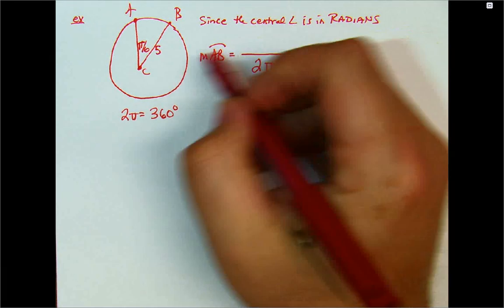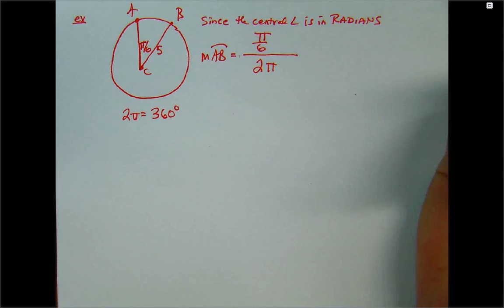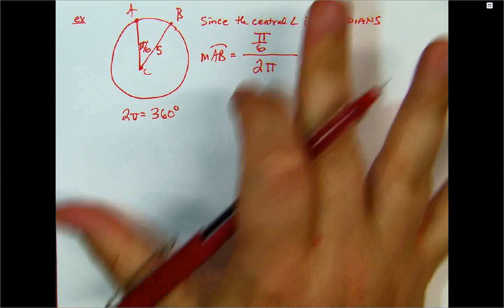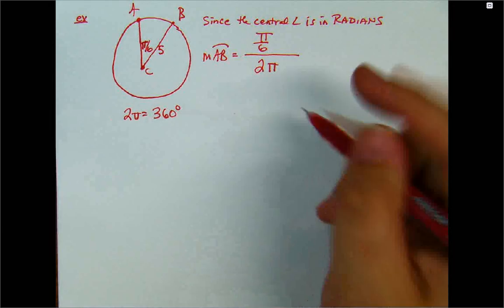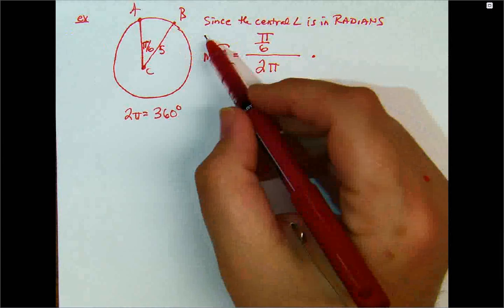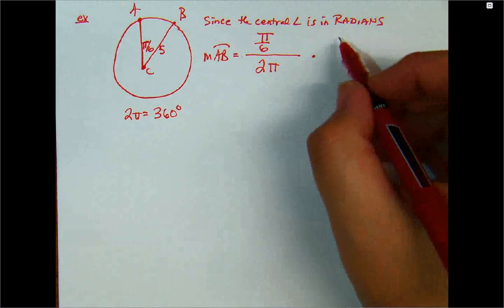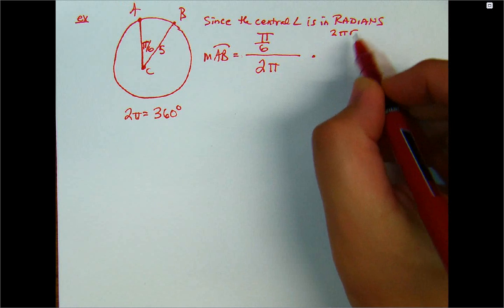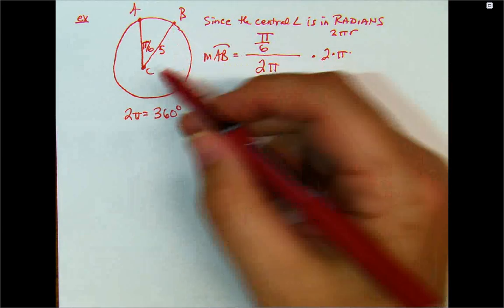Now don't freak out because there's a fraction over another fraction. We'll deal with that in a second. Now the length of the arc is going to be, we need 2 pi r. So it'll be 2 times pi times, now what's the radius? 5.